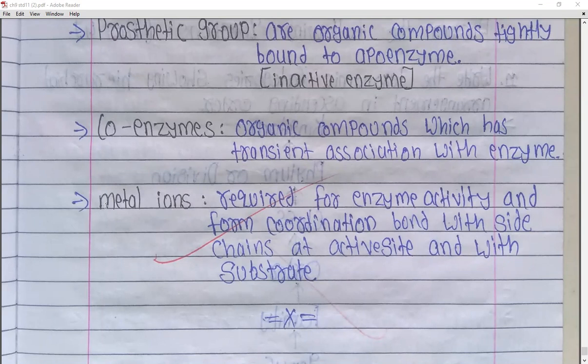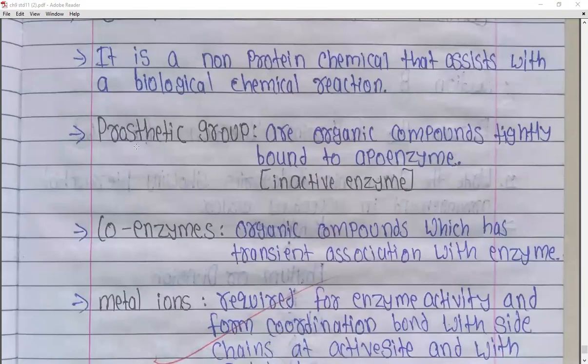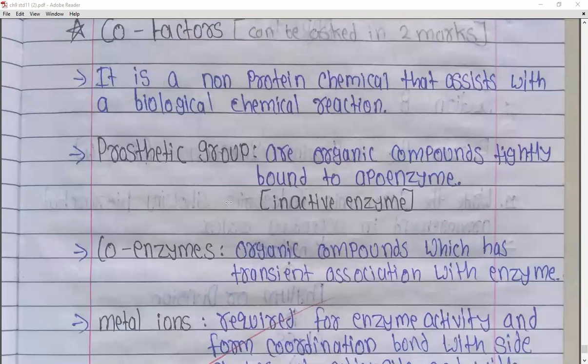So for the proper binding of the side chains of the active site and the substrate, the metal ions are required. These are the three different types of cofactors, which are present in order to increase the activity of the enzyme.